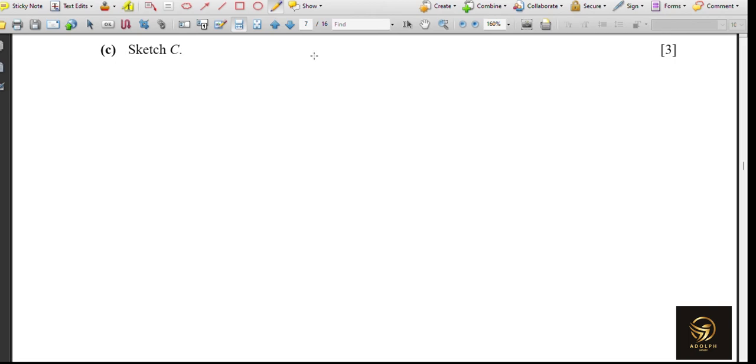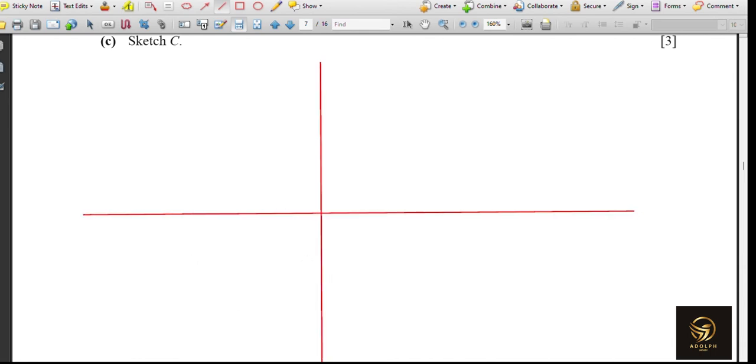Next, we have to sketch the graph of C. Initially we will draw the axes. In the previous part, we realized that the curve is passing through the origin and negative 1, negative 1. Those are the two stationary points. Then we also got the oblique asymptote y equals 1 by 2 x minus 1 by 4, and the vertical asymptote x equals negative 1 by 2.